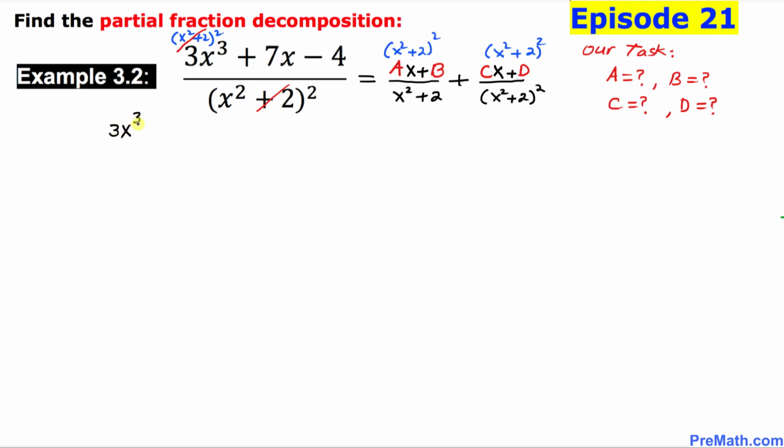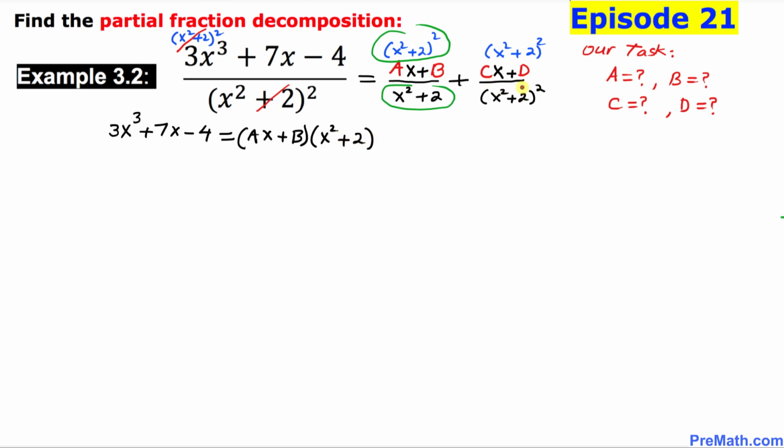3x power 3 plus 7x minus 4 equals to, if we look at this one over here, this x squared plus 2 crosses out with one of these, so we just simply end up with ax plus b times x squared plus 2.